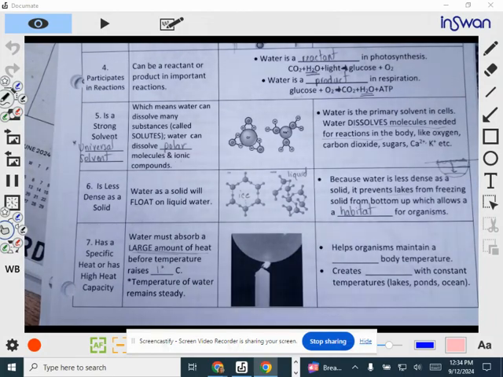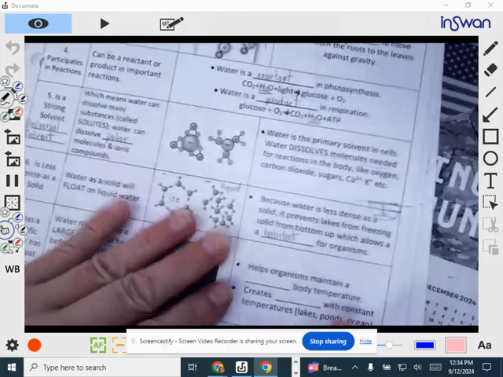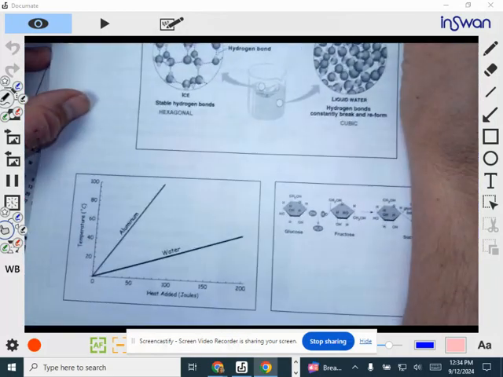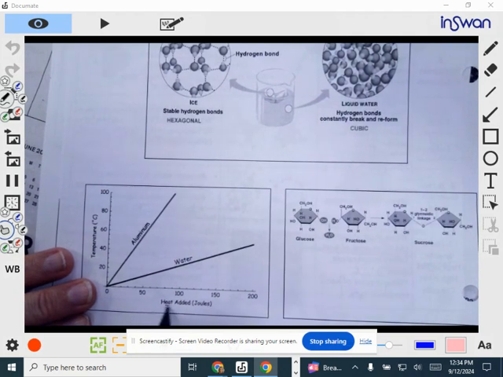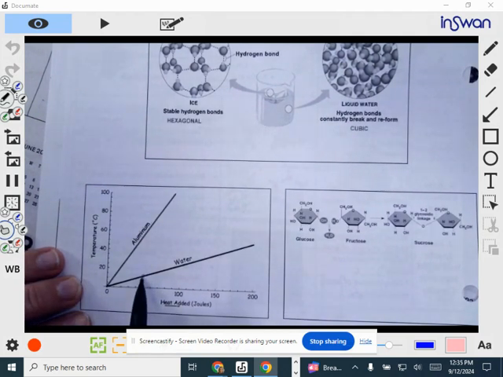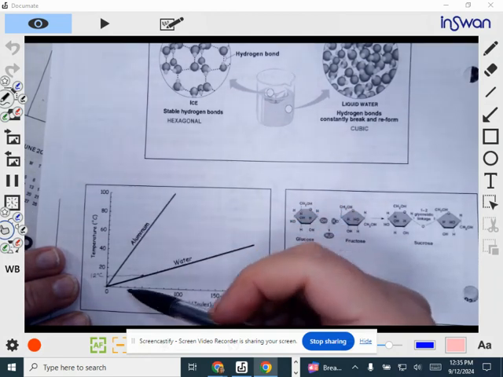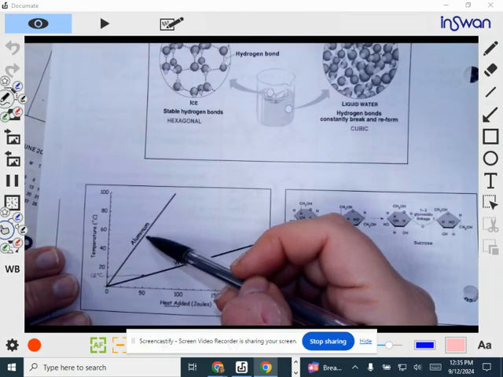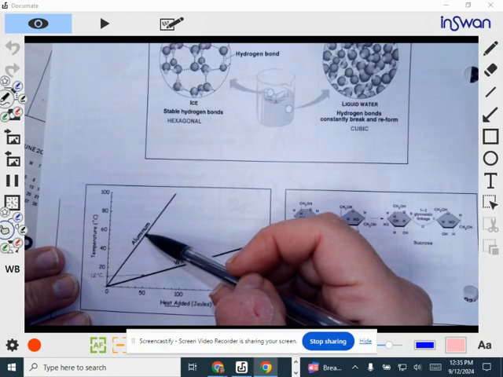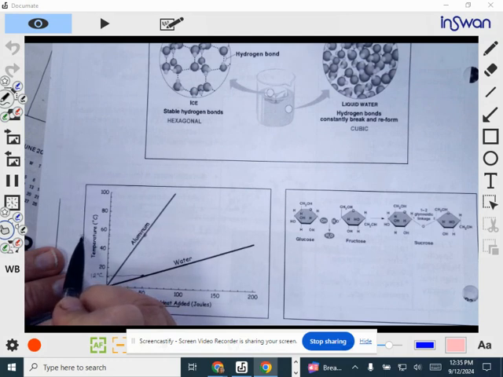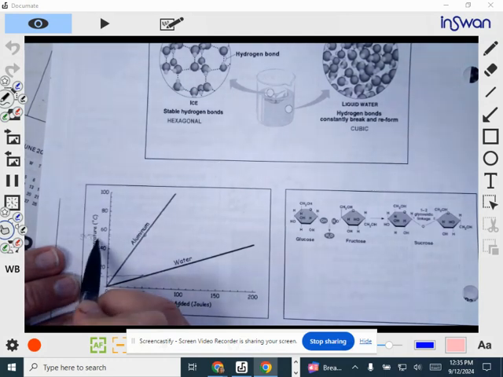For example, if I put 50 joules of heat energy into water, the water temperature is going to be at about 12 degrees Celsius. If I add 50 joules of heat to a piece of aluminum, the same amount of heat, that aluminum is going to measure about 55 degrees Celsius.